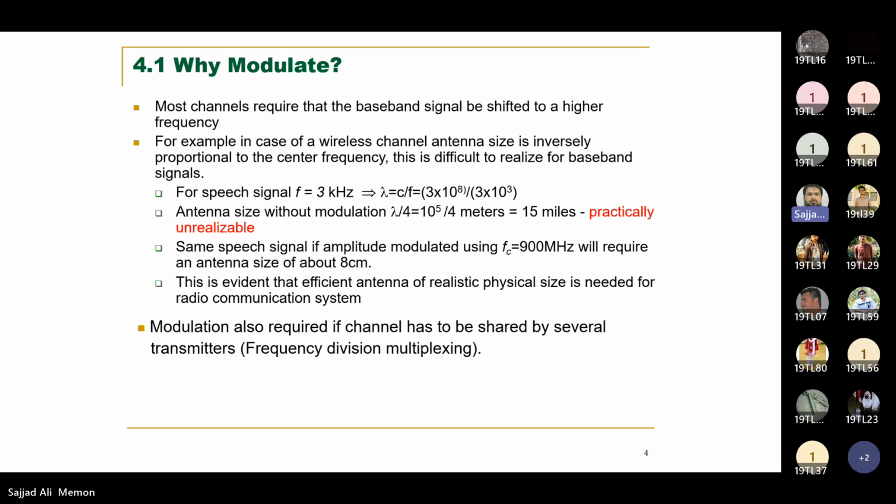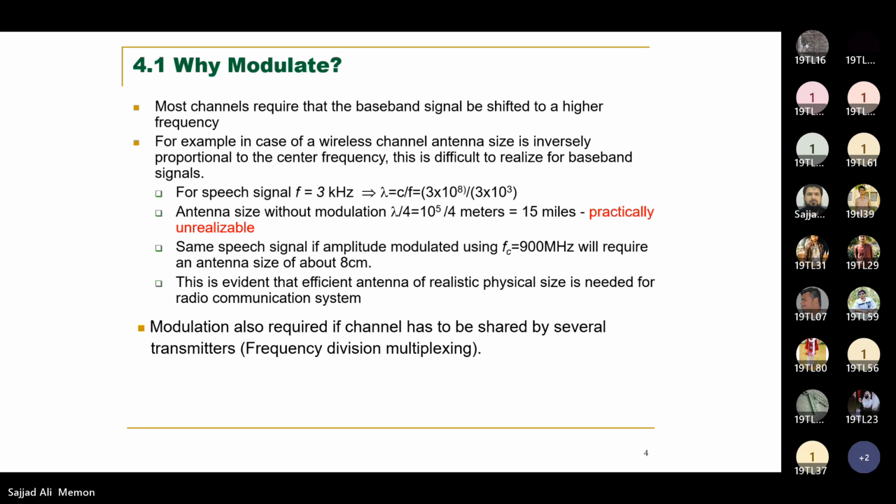Sometimes the antenna sizes are impractical, or you cannot realize such size antenna. So we need something to reduce the size of the antenna. One way is to do the modulation, which will reduce the size of the antenna.